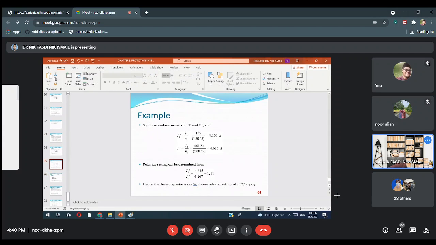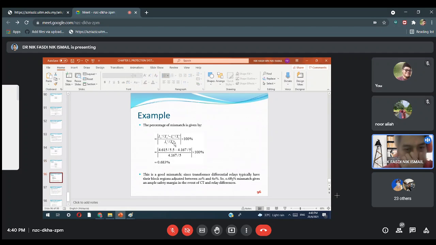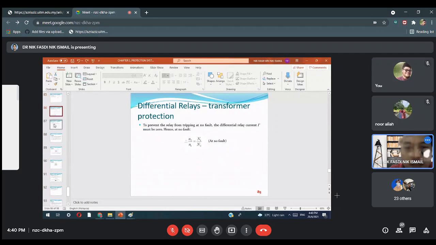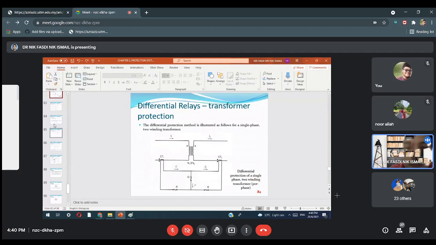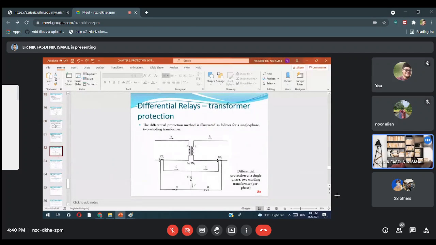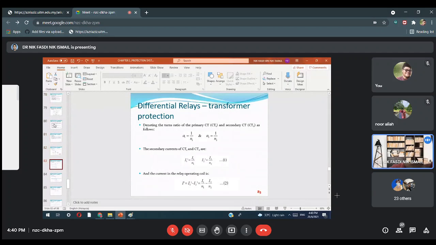So inilah dia. Okay. Alright. And then the percentage of mismatch given by formula ni, dalam tak ada perasan ni. Saya tak tahu. Ada tak apa, you can use straightforward daripada tak ada dalam calculation. Takkan you boleh pakai straightforward lah.